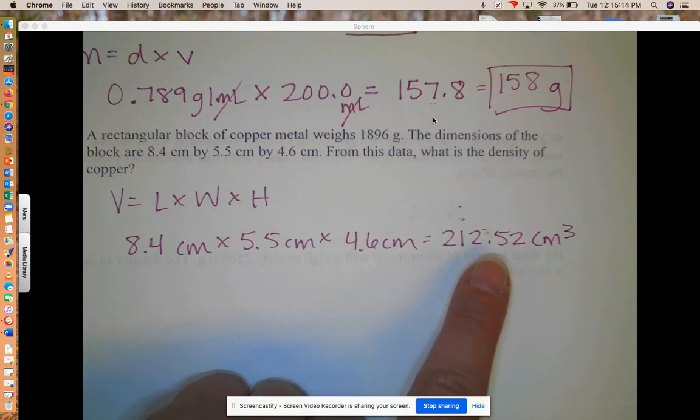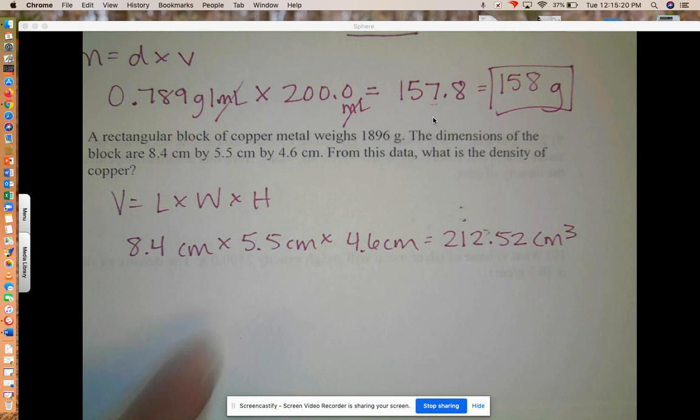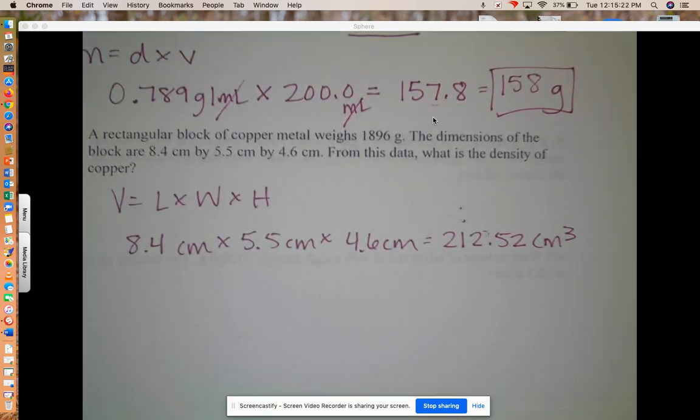What do you feel like in the end would be more accurate? Use this number for your density, then round to sig figs, or round this, then do the density? Which one would be more accurate? Wait and do it at the end. Wait and do your rounding at the end.